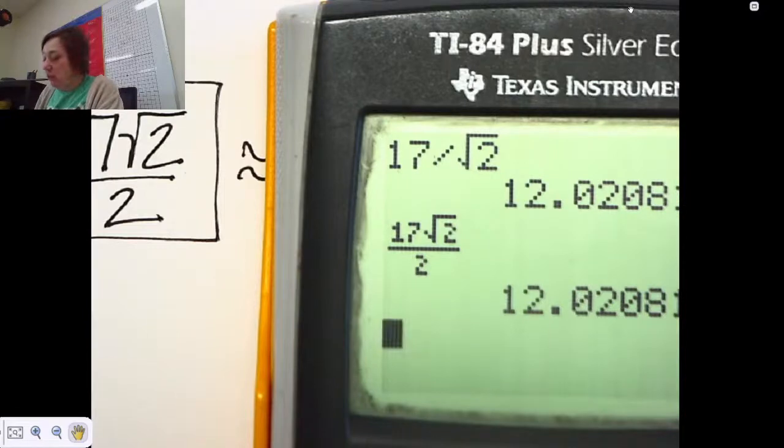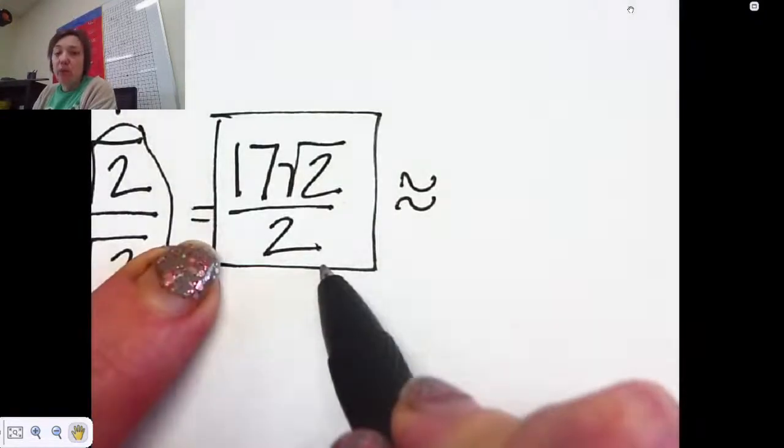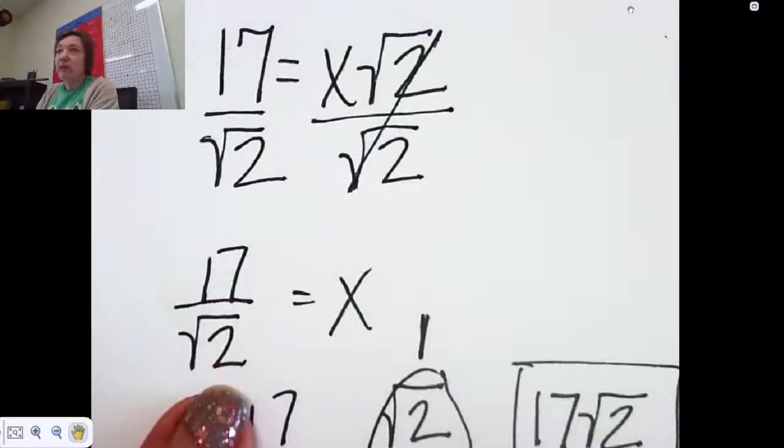It's the same thing either way. Y'all see how that works? Same thing. This is just in proper form, and this is not in proper form. That's the difference in them.